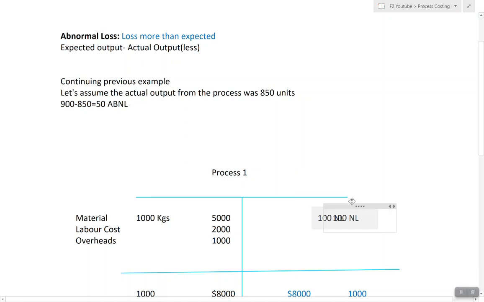No matter what the actual output is, normal is always the same because normal is normal. Normal doesn't mean actual. Normal usually means average. So we don't touch this normal loss. So same value, 500. Now we have abnormal loss as well of 50, which means we have an output of 850.